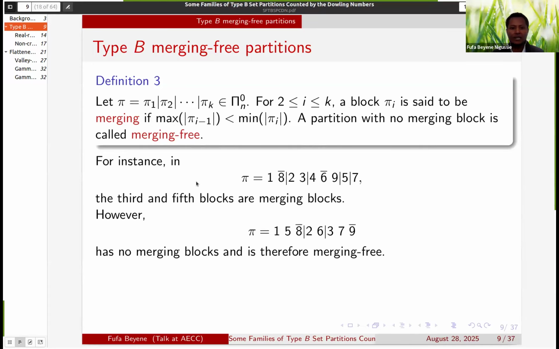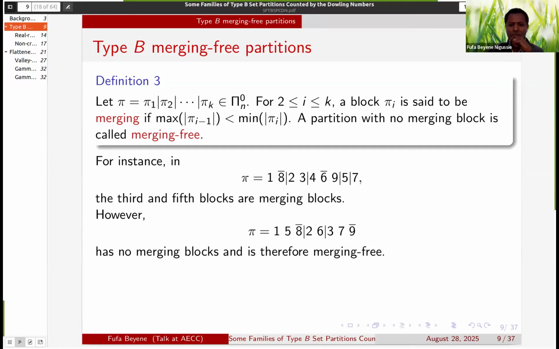So with this definition, let us consider the following partition. Now, for type B set partitions without zero block, we eliminate the zero block, or the block which consists of only zero. And we have just the first n positive integers and their negative counterparts.